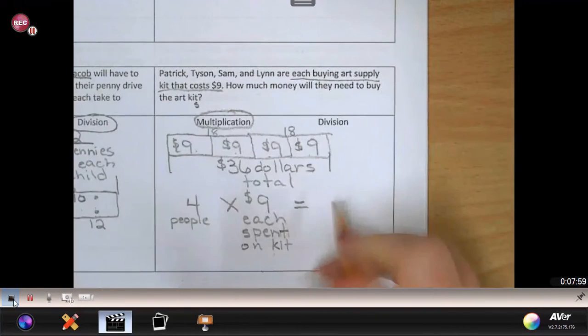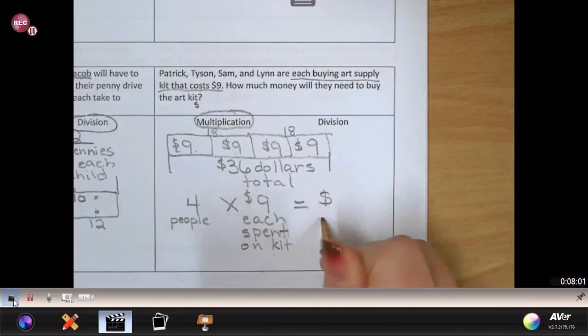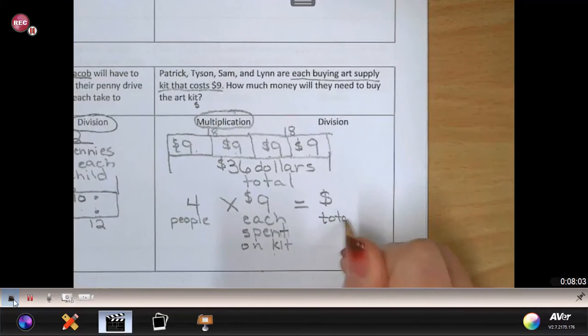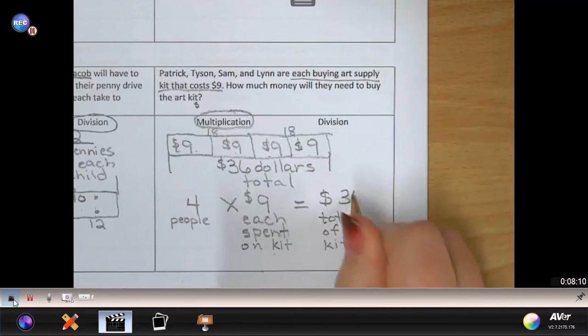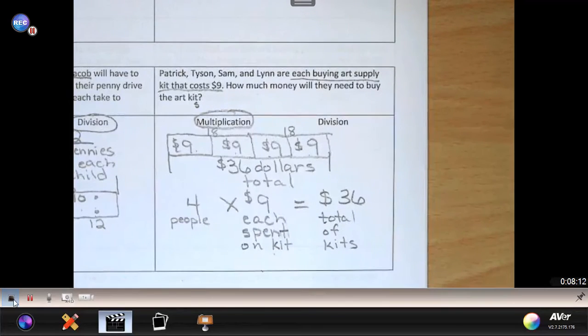And we want to know the total amount of all the kits. And so in this case, we can write the $36 there.